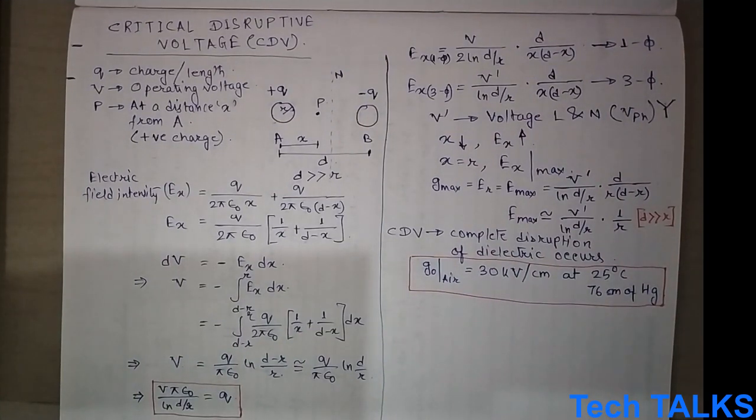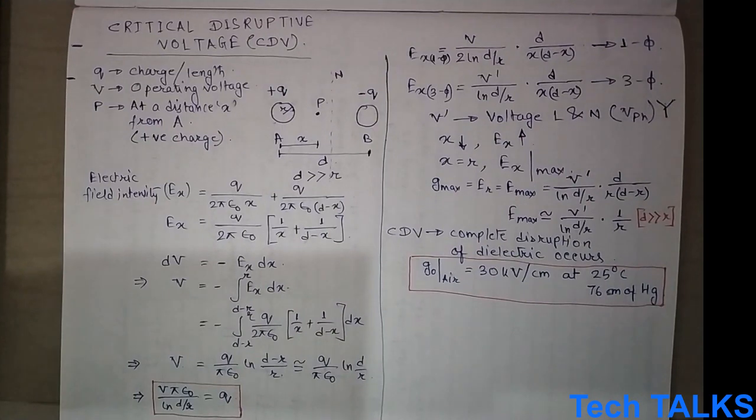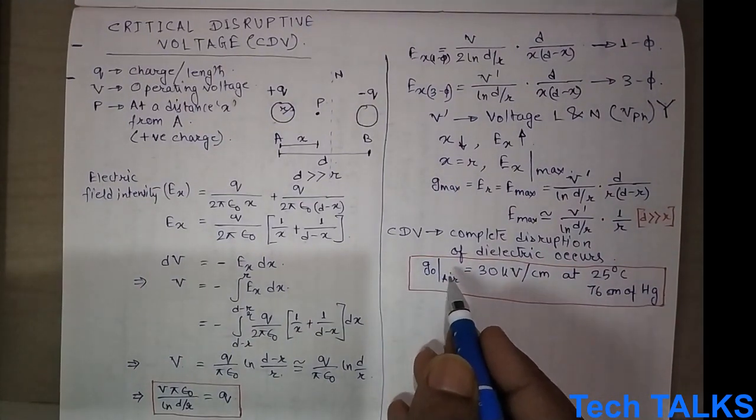Similarly, when the temperature and pressure are different, the values will change. So at any other temperature and pressure, G naught dash is equal to G naught into delta.